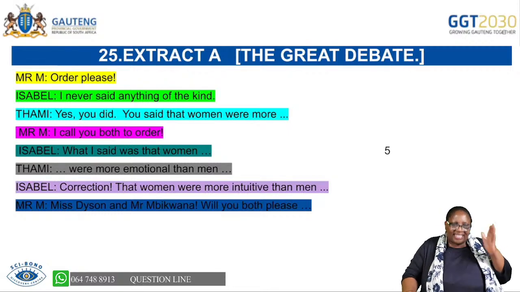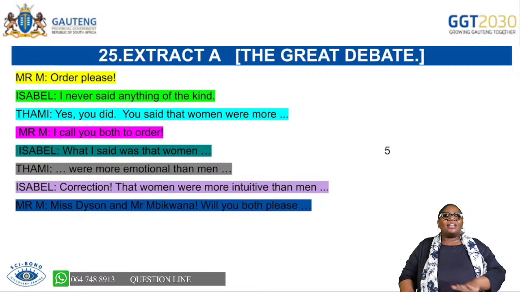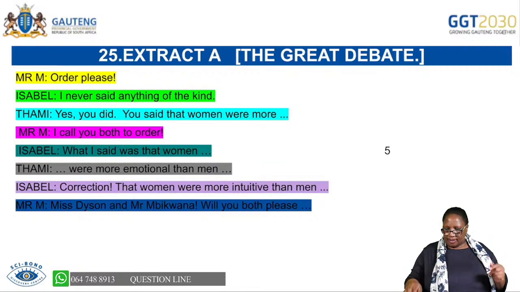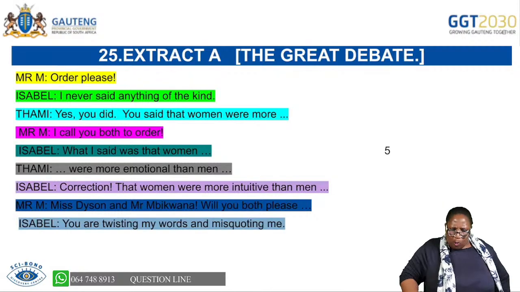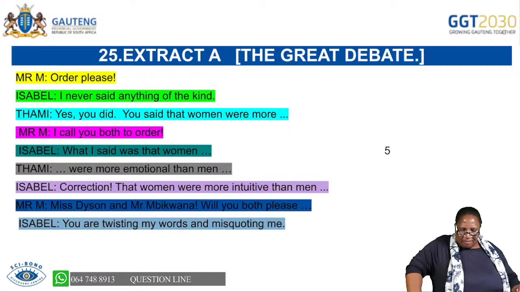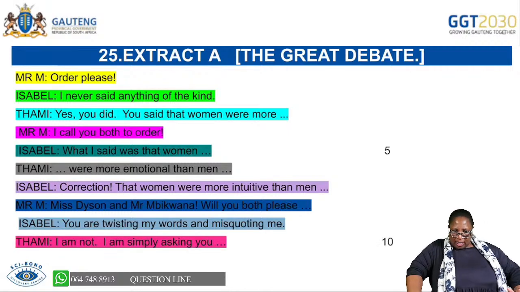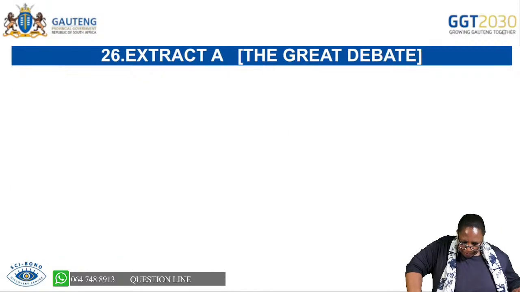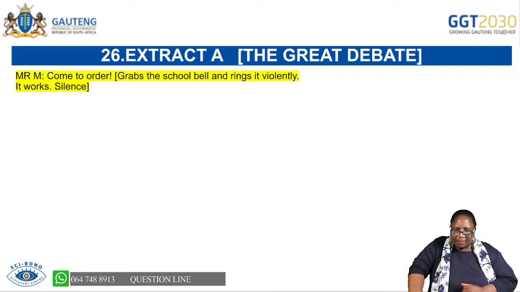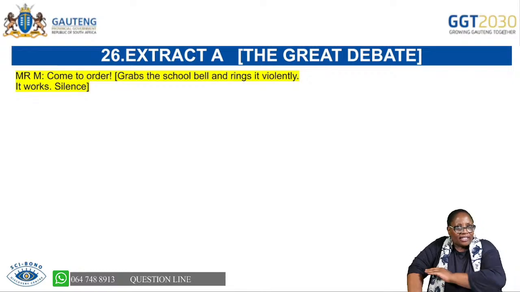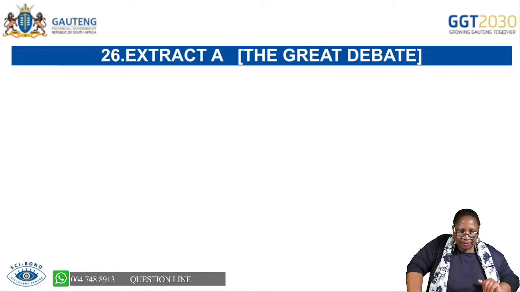Miss Dyson and Mr. Mbikwana, will you both please? That's Mr. M. You are twisting my words and misquoting me. I'm not. I'm simply asking you. Mr. M now says, come to order. He grabs the school bell and rings it violently. It works. And there is silence.